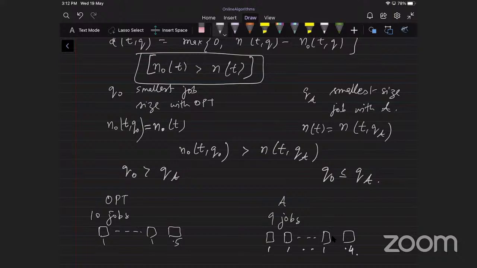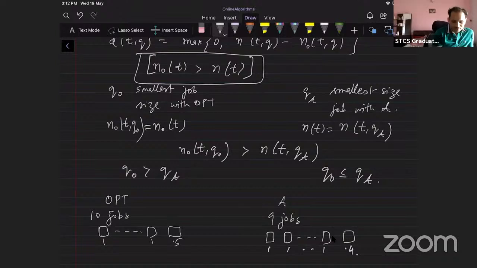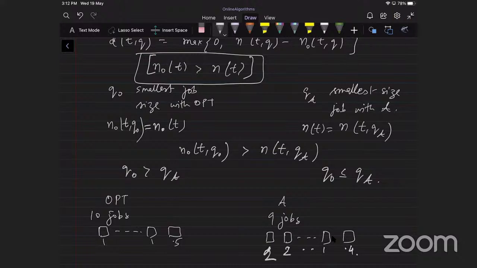No, so here algorithm has 9 jobs as you gave example, but for any Q, this N of T comma Q is less than N0 of T comma Q. I mean, we can see from this example also. But that's not true. I can give you an example where that is not true. There are certain values of Q for which that is not true. I can just increase the size of some, make it 2 and 2 here.